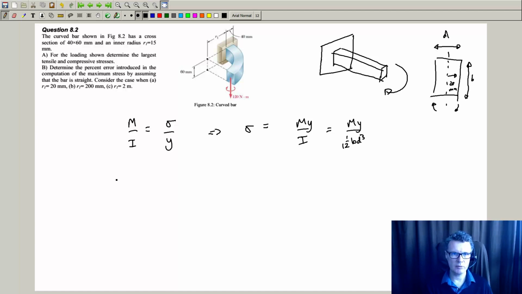So that's all I'm going to do for the first part, just work out what the stress is, assuming that it was a straight bar. Let's make sure we don't make any silly mistakes this time, working in SI units.